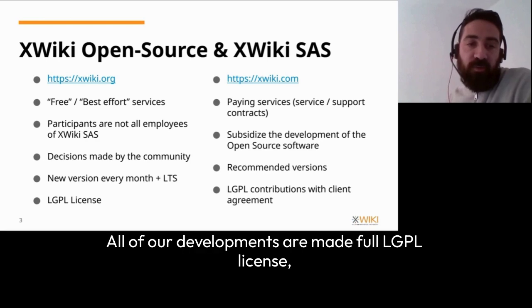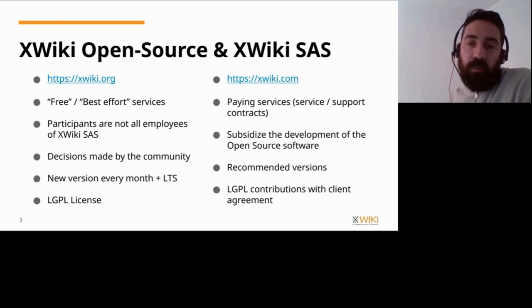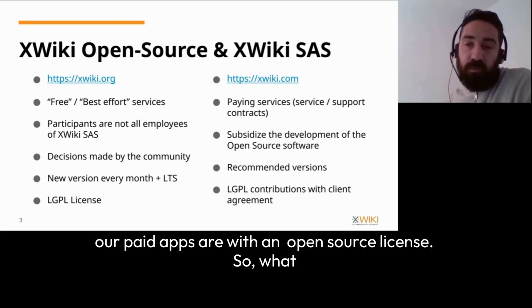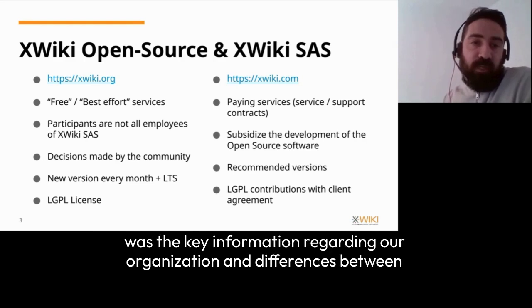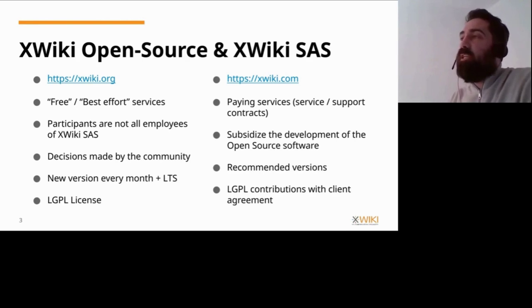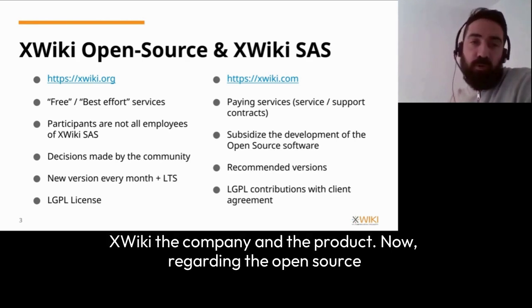All of our developments are made under the LGPL license. Even our paid apps are released with an open source license. So that was the key information regarding our organization and the differences between XWiki, the company, and XWiki, the product.